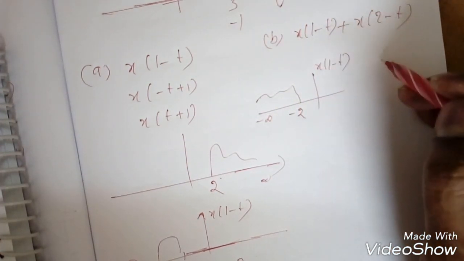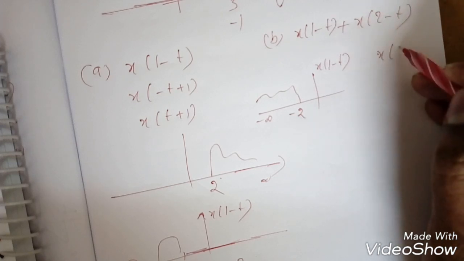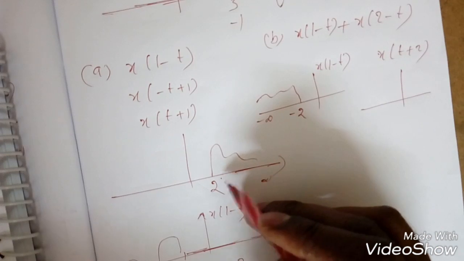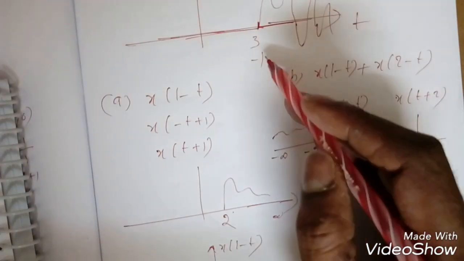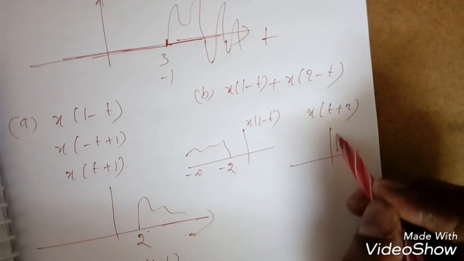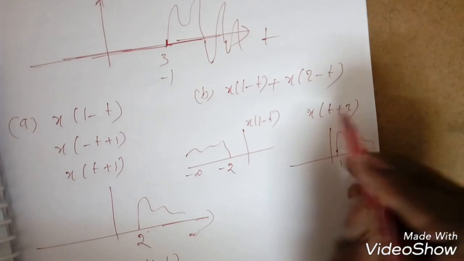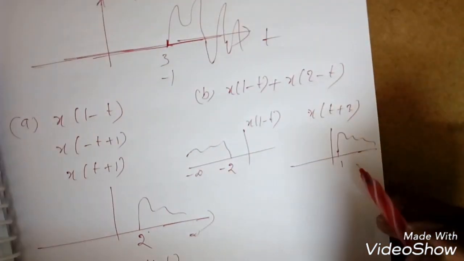What is x of 2 minus t? First we do x of t plus 2. x of t is non-zero from 3, so plus 2 means 2 left shifts, and 3 minus 2 will become 1.